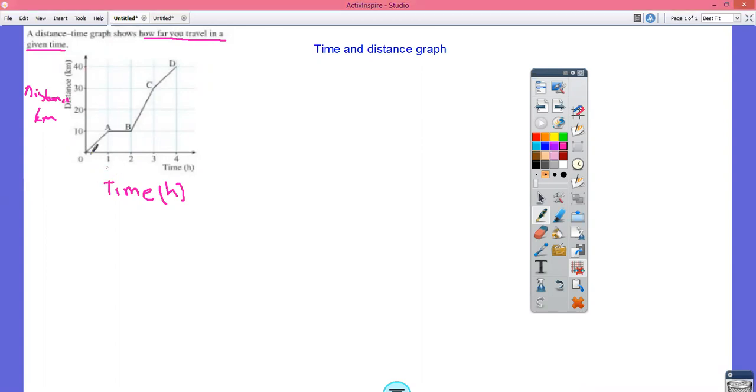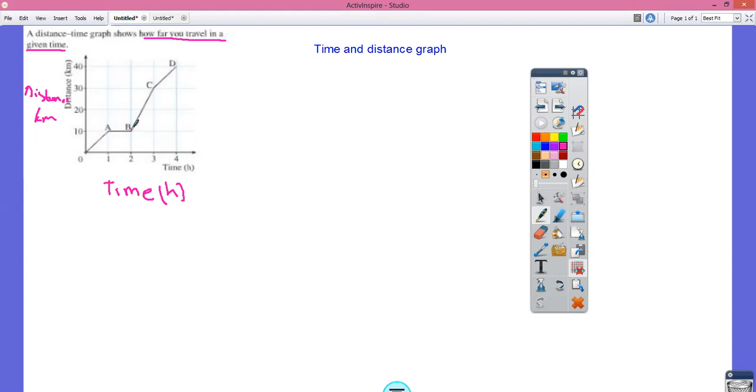Now here in 1 hour, how many kilometers did he go? In the graph we are going to see. In 1 hour, 10. In 2 hours? 10. It means for 1 hour he stayed, he waited, he didn't go anywhere.